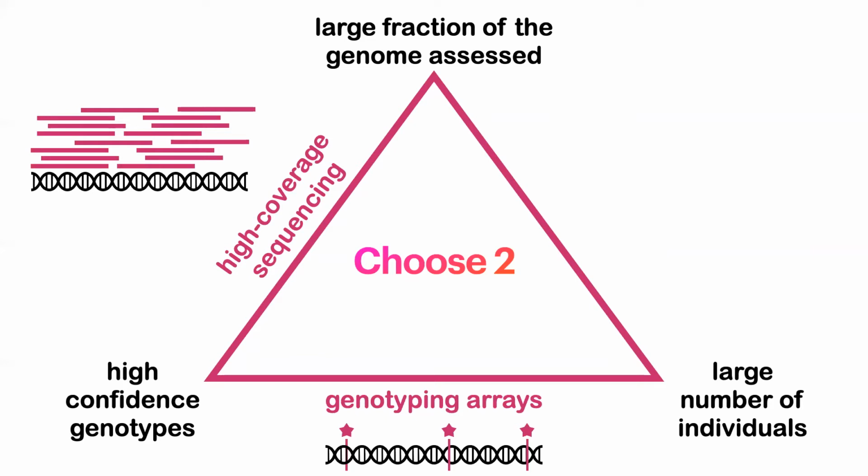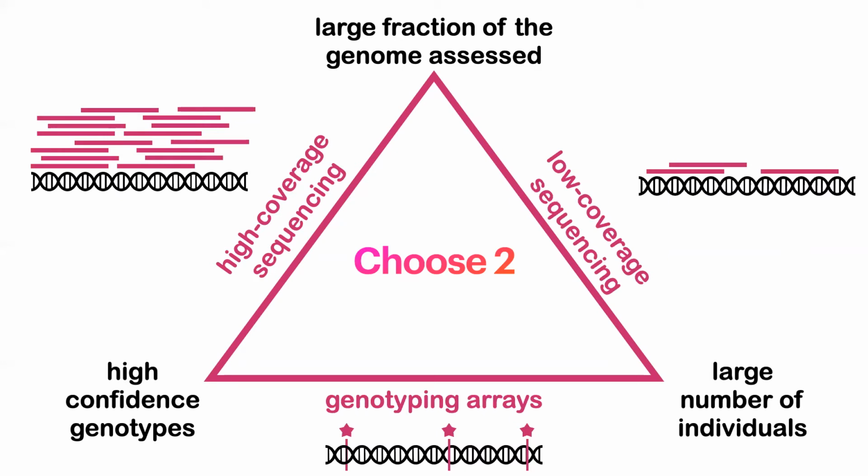These will get you very high confidence genotypes for those specific sites. You can do these for a large number of individuals because genotyping arrays are fairly affordable, but they come with their own population biases and limit you to those sites that the genotyping array is designed for.